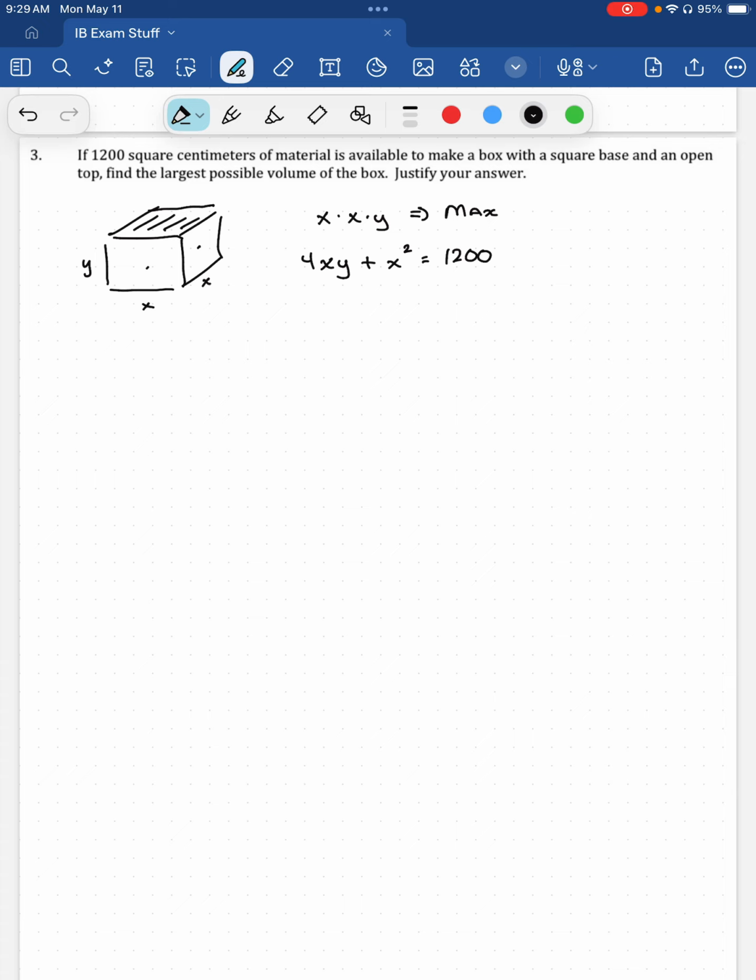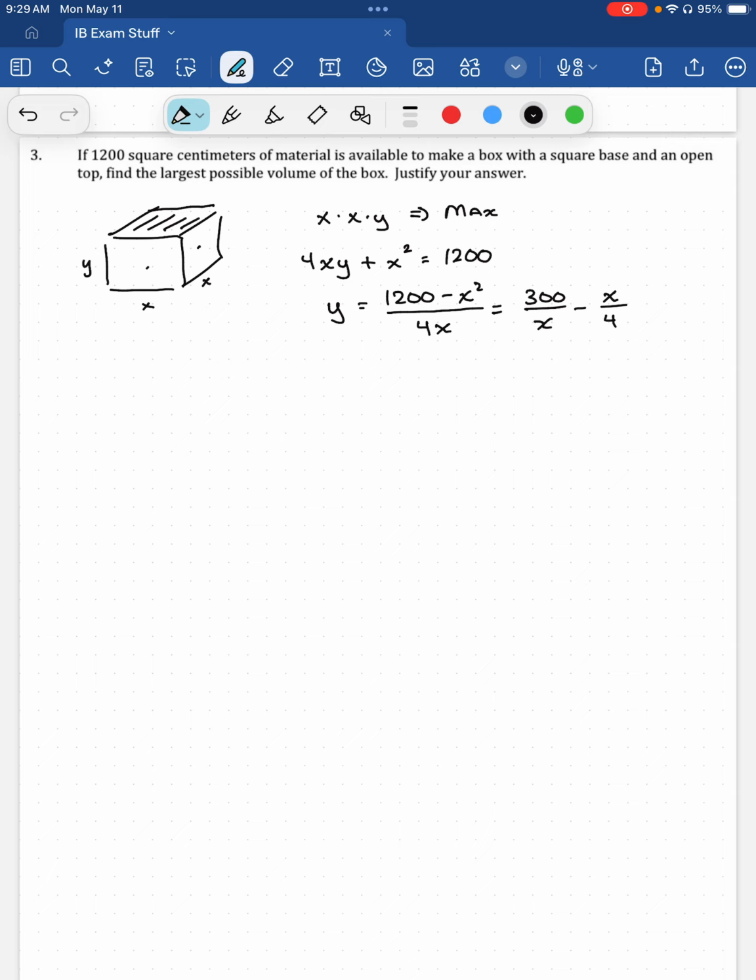So what I'm going to do is solve this for the easier one, which in this case is y. So y is equal to 1200 minus x squared over 4x. Now we can simplify that down a little bit. This is going to turn into 1200 over 4 is 300 over x minus x squared over x is x, so x over 4.